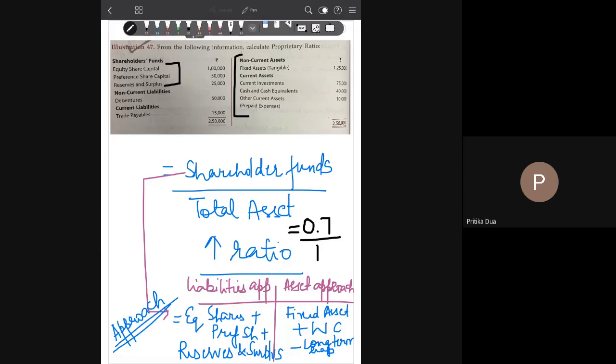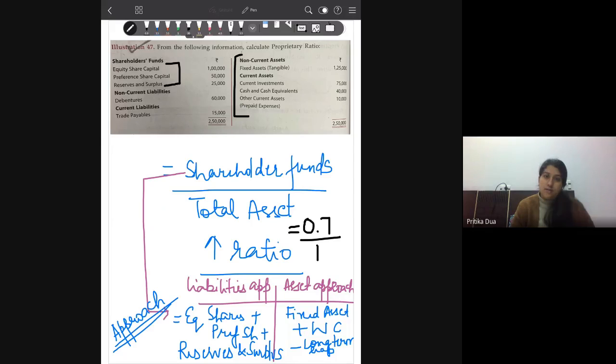So your final answer becomes 0.7:1. I hope no one is having any problem in this. So this will be 1,75,000 divided by 2,50,000.